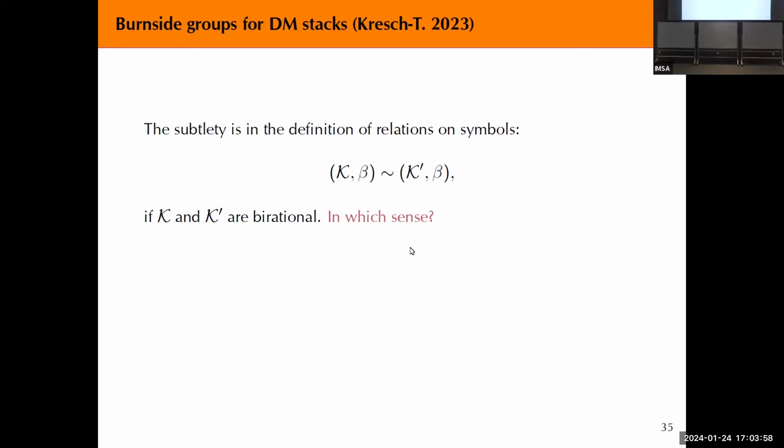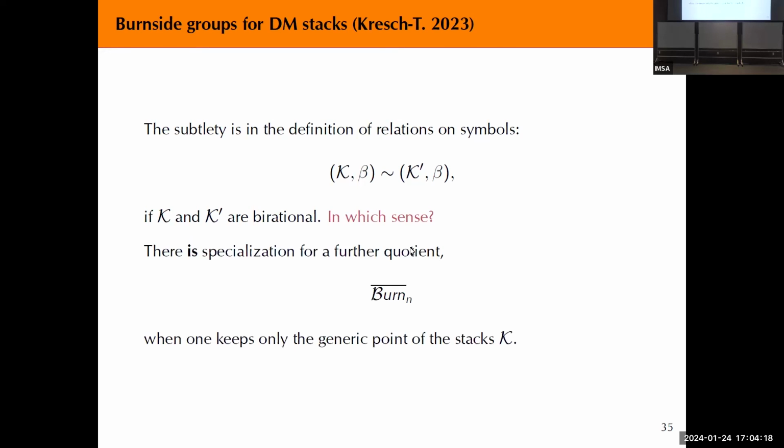And so if you, in that formula that I showed you, in that stabilizer stratification, introduce additional relations by weakening the notion of birationality, namely declaring that each term is identified if the birational function field is the same, then you get a compatible formula. And then that further quotient of the Burnside group of stacks, which we call Burn bar, has specialization.